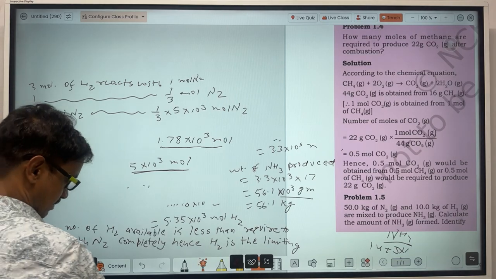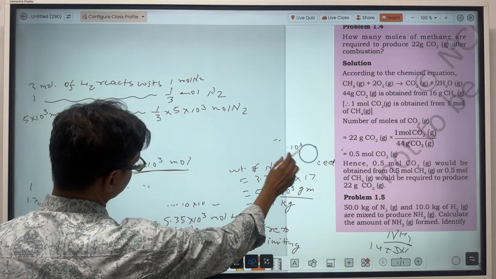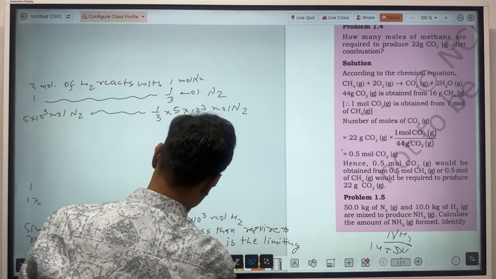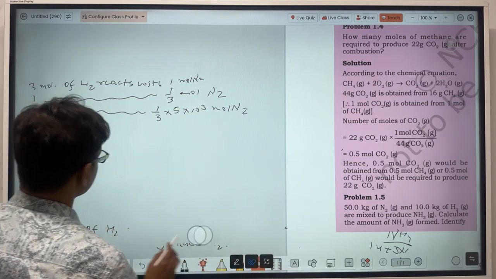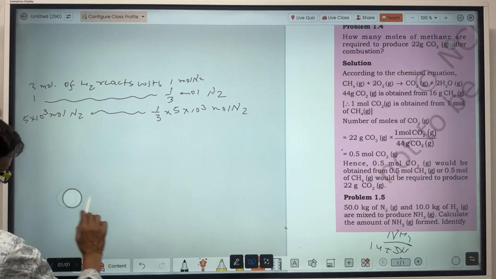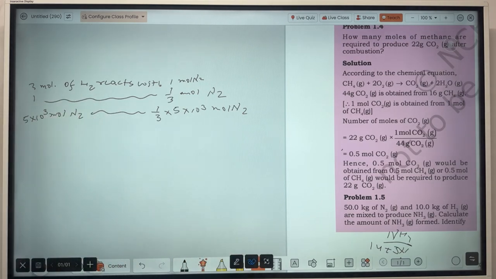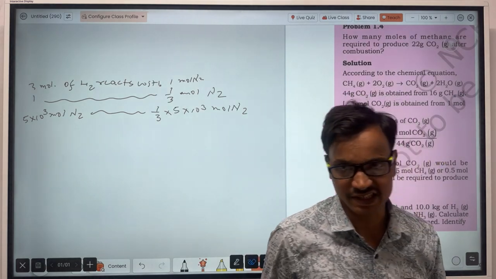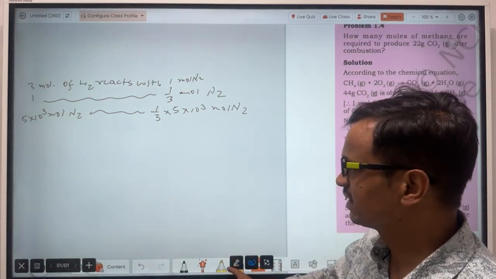Okay, so for the weight of nitrogen unreacted, how much nitrogen will be left during the reaction? That much mole of nitrogen will react, and how much nitrogen was there?